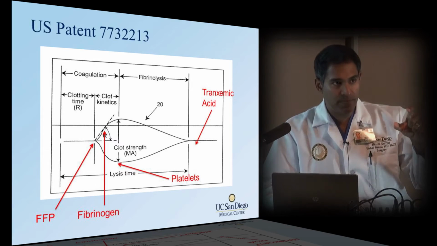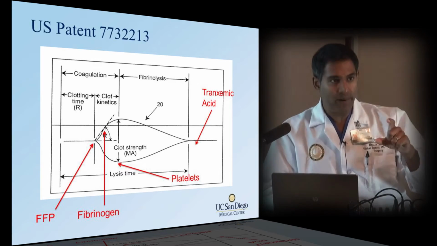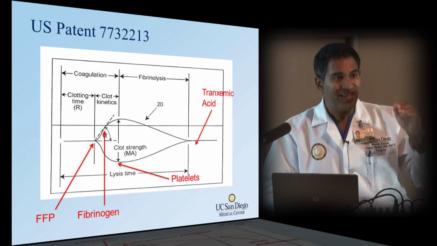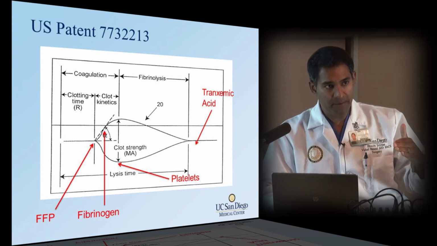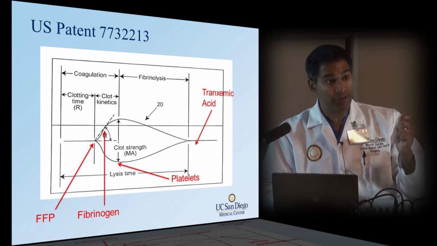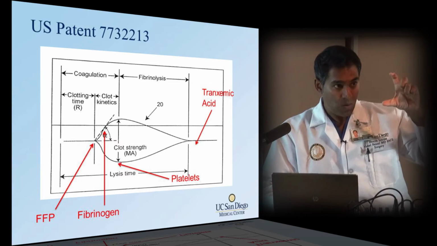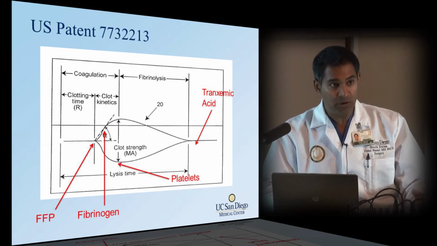The angle is the rapidity of clot formation, how quickly the clot is forming. That generally is considered to be fibrinogen. So if the angle is really low, fibrinogen and FFP both, but the angle is mostly considered to be fibrinogen. And the MA, or the width of that clot on the TEG, is considered to be platelets.